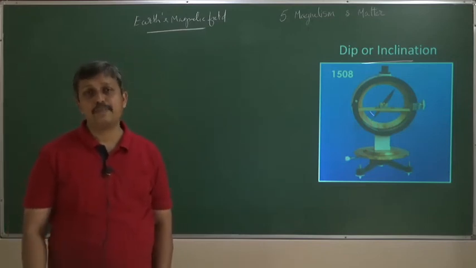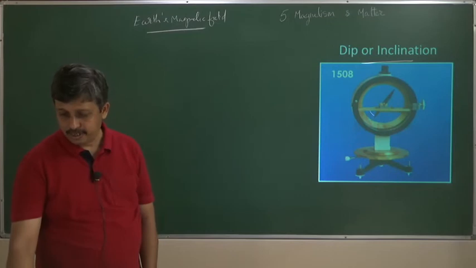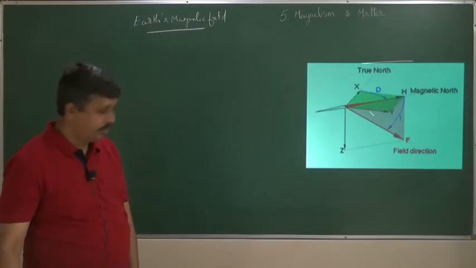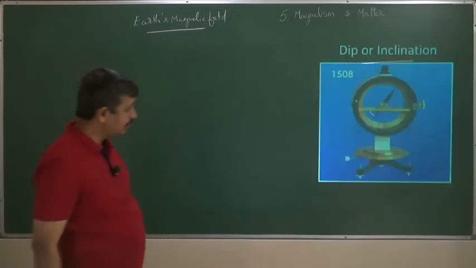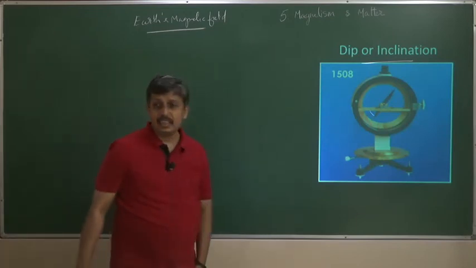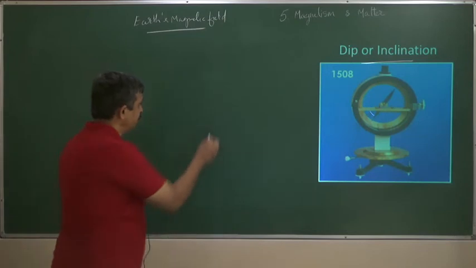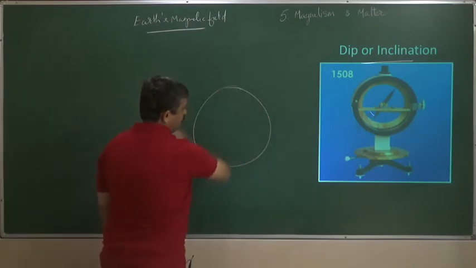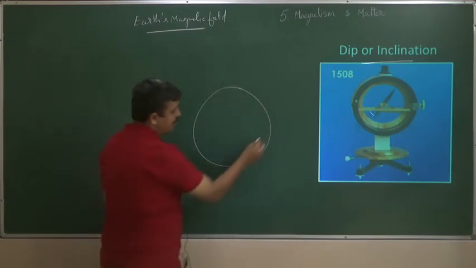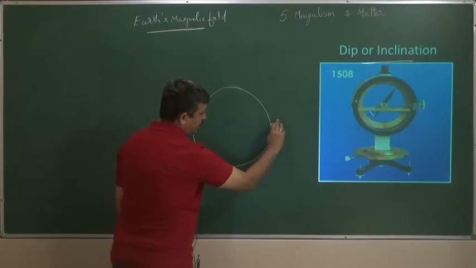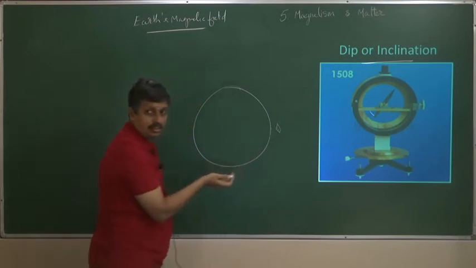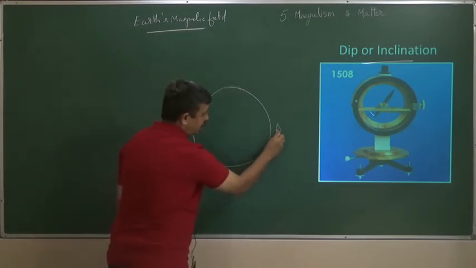So why does it dip? If you think about it, in the case of a spherical scenario, you are standing somewhere here on the sphere, and in the meridian you put it like this, horizontal.